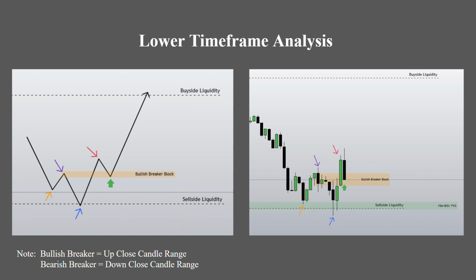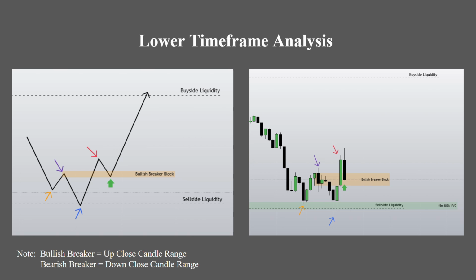So on the example here to the right, you can see that we formed a swing high at that purple arrow to form that breaker before it gets validated later on. But that purple arrow, that swing high, I utilize the up close candle as my breaker, not the down close candle, because it's a bullish breaker. Now, if it was a bearish breaker, it's the other way around.